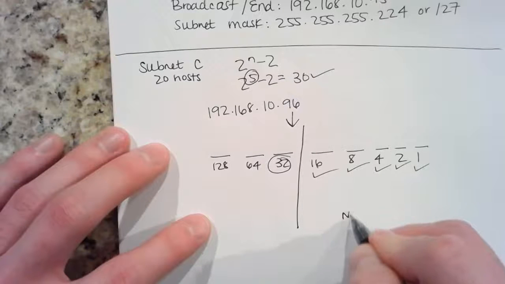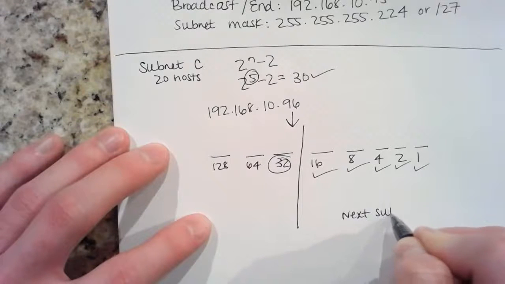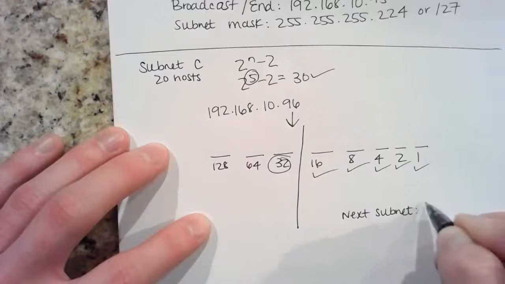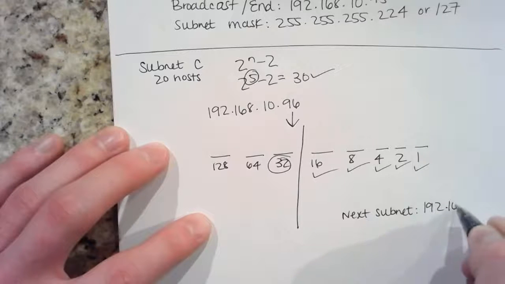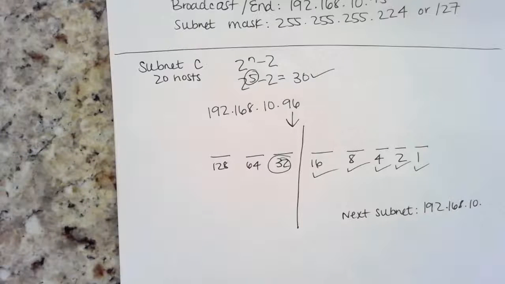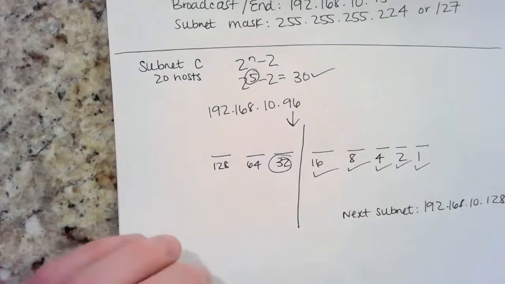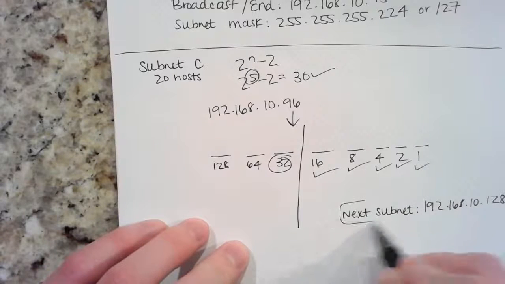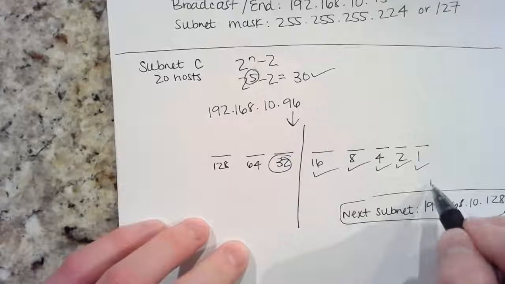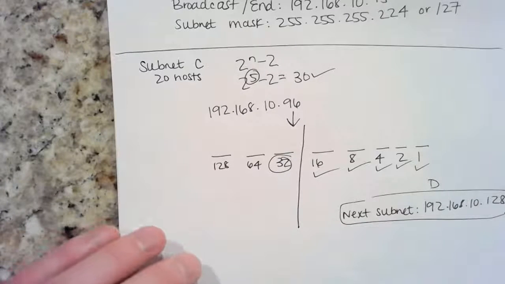So our next subnet, which will be subnet D, will be 192.168.10. And you add 32 to 96 and get 128. Okay, that's going to be the start of our next subnet, which is going to be D. We'll come back to that in a second.